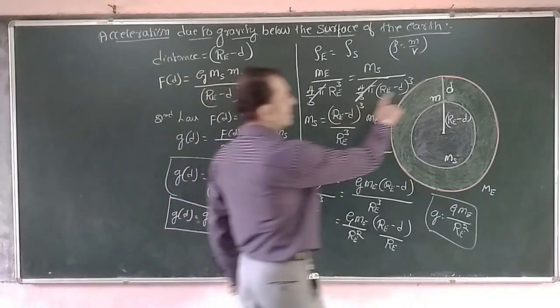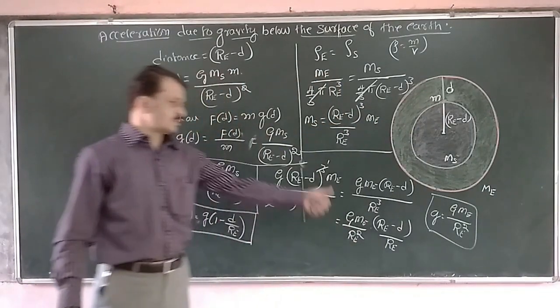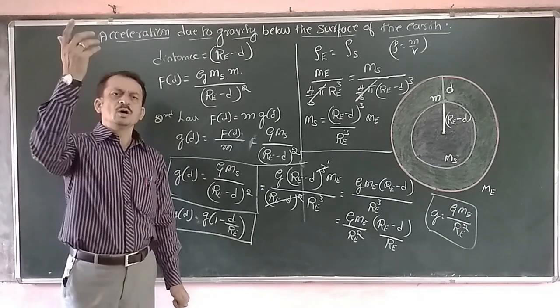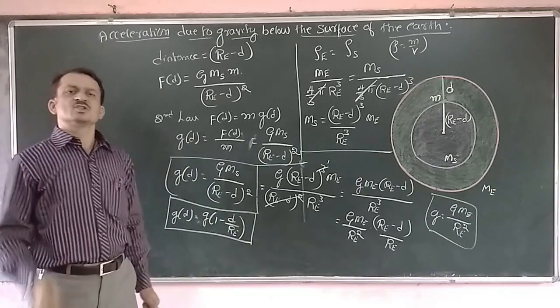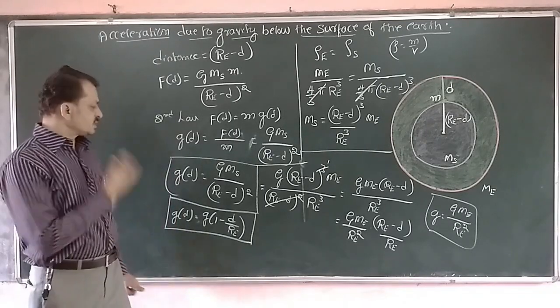On the surface of the earth, the acceleration due to gravity is maximum. If you move above, it decreases. If you move below, it decreases.